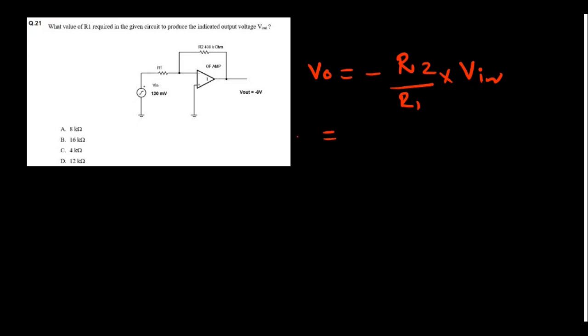Here minus 6 is the output. R2 is 400 upon R1, which we have to find, multiplied by the voltage, which we have to take in volts, so 0.12.